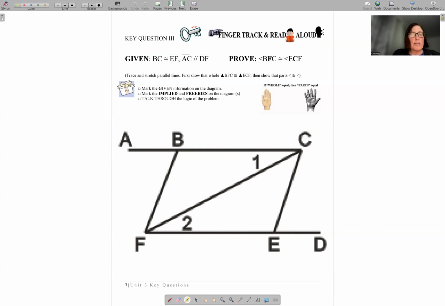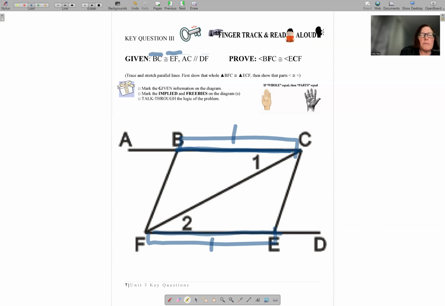All right, students, welcome back. Hopefully your diagram's already marked. Let's see what we have here. You're told that BC and EF are congruent. So this length, I'm going to use a bracket here.